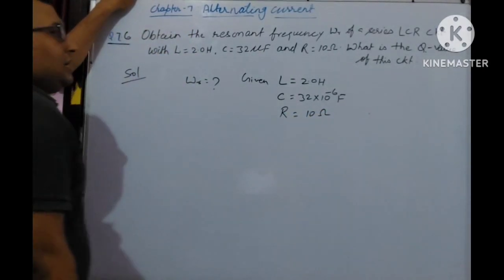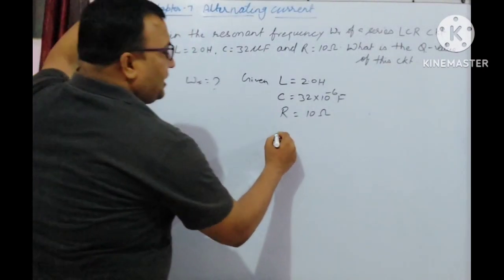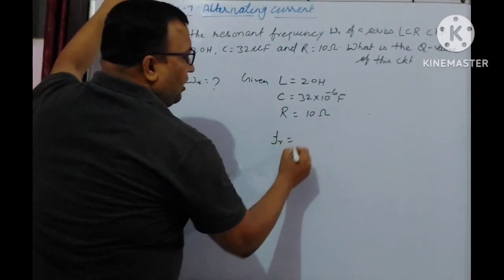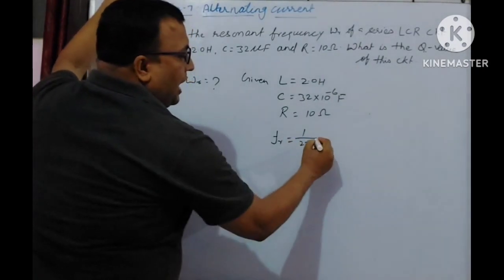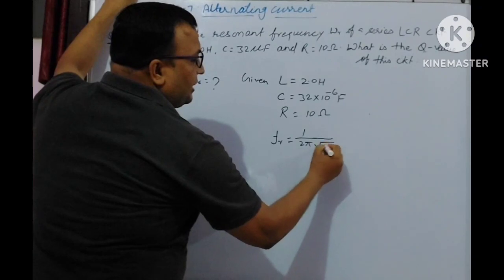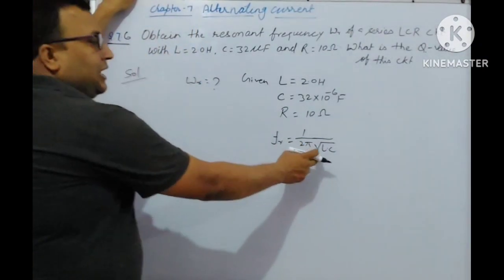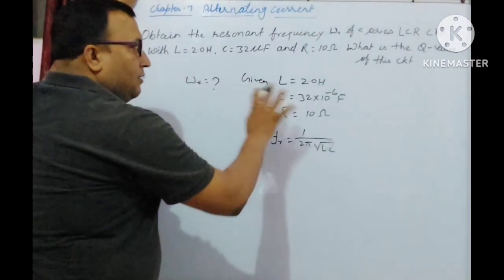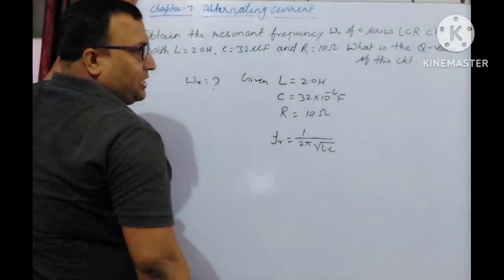Okay, and you know now what is the meaning of resonance frequency? The formula is there, Fr equal to 1 by 2 pi root under L into C, inductor and capacitor. When we talk about the LC circuit, the resonant frequency formula is this.